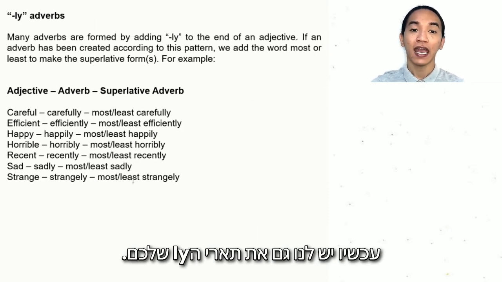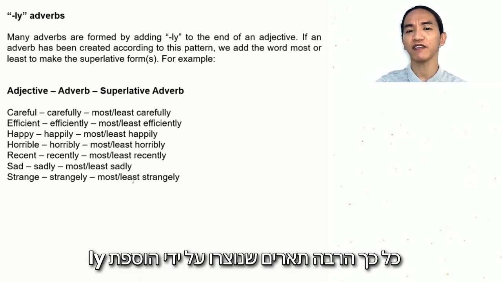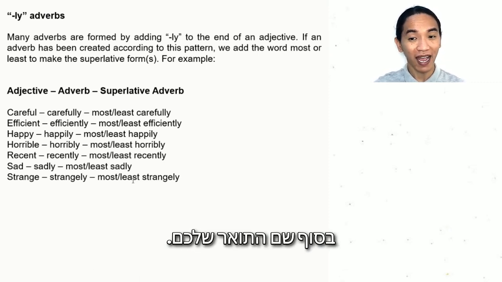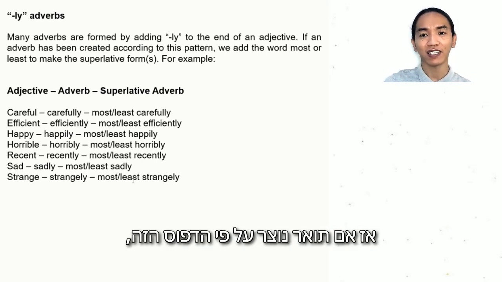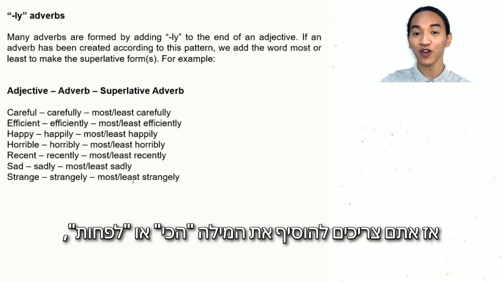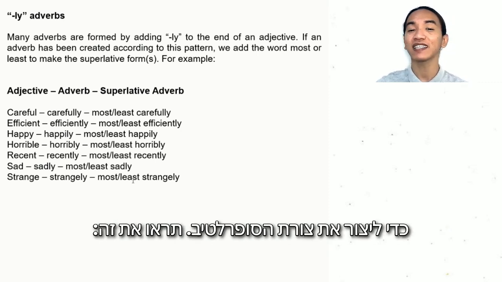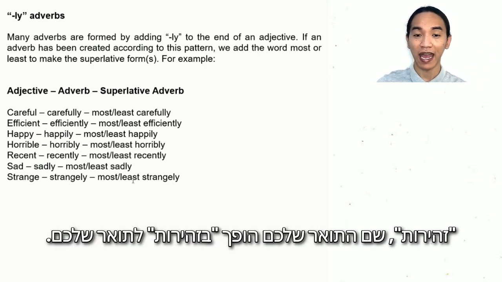Now, we also have your ly adverbs. So many adverbs are formed by adding ly at the end of your adjective. So if an adverb has been created according to this pattern, you have to add the word most or least, okay, to make the superlative form. Okay, look at that. Careful, your adjective, then carefully becomes your adverb.